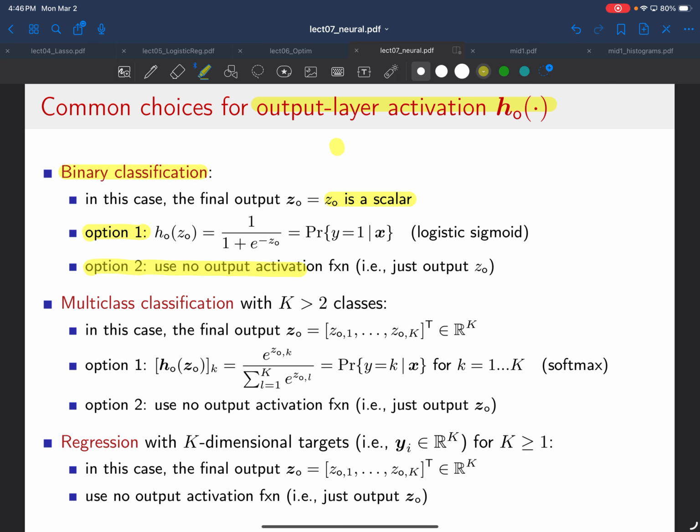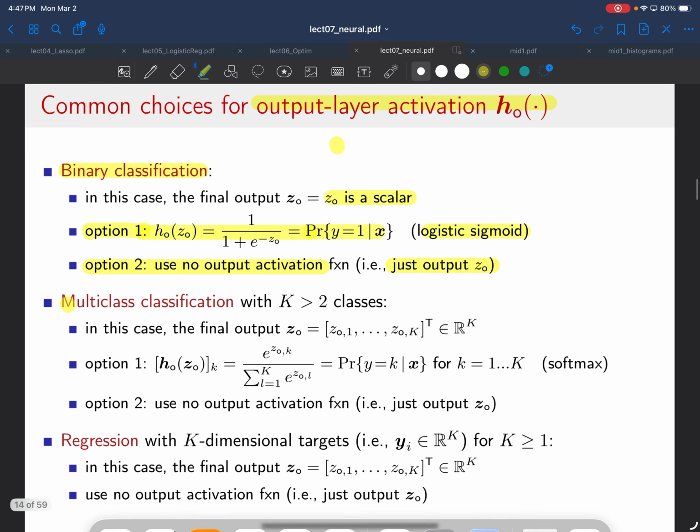One option is to not use any output activation function, and just output that linear score directly. The other option is to put it through a sigmoid, and as a result, the network is outputting soft outputs. That's actually what we did in that demo. So those are the 2 options. Other than that, no other options really make any sense. Any questions on that?